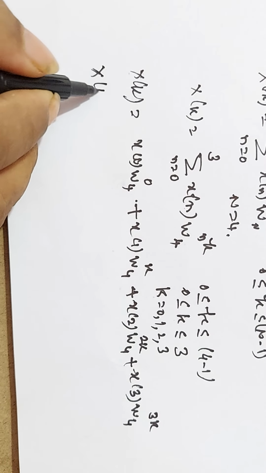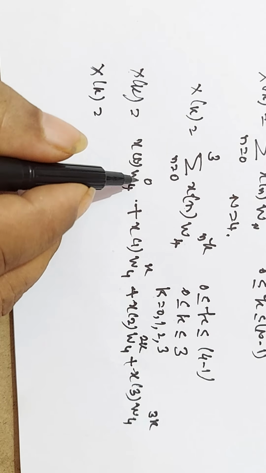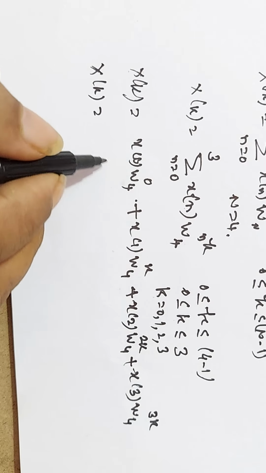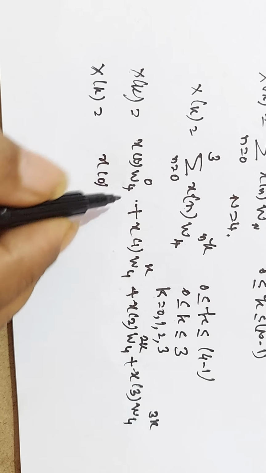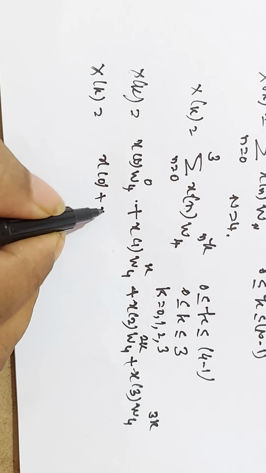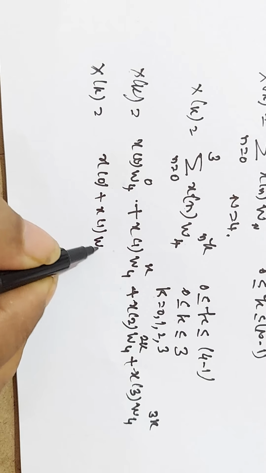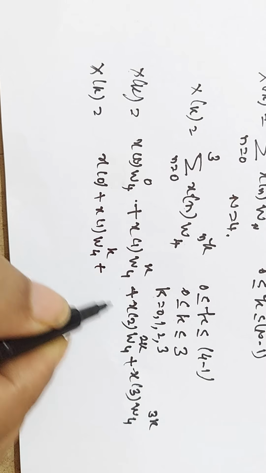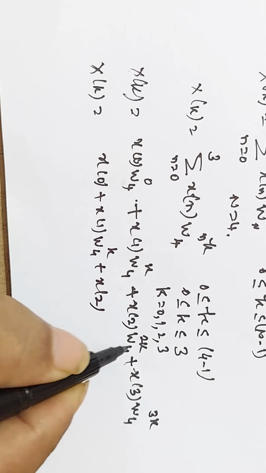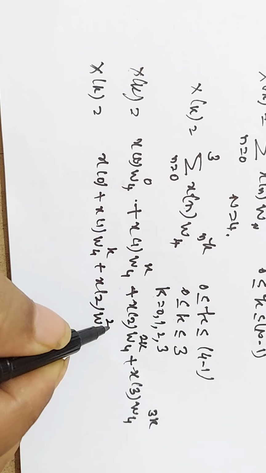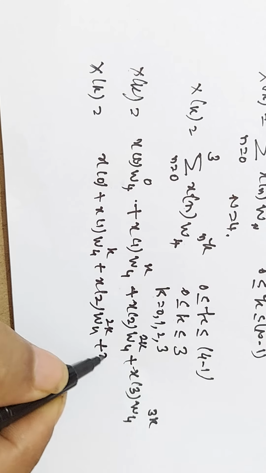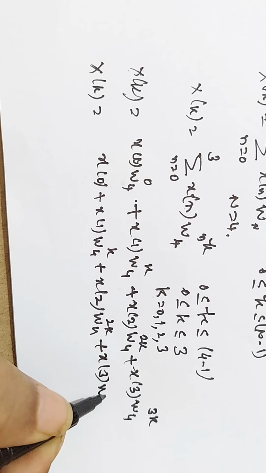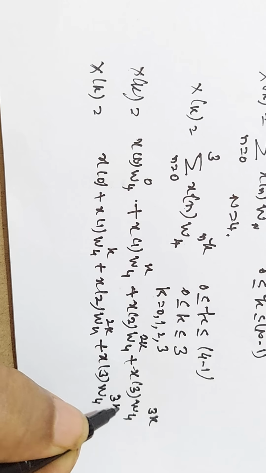And x of k is equal to W4 to the power of 0, you know that it is 1. Therefore, this is simply x of 0 plus x of 1 W4k plus x of 2 W4 2k plus x of 3 W4 3k.